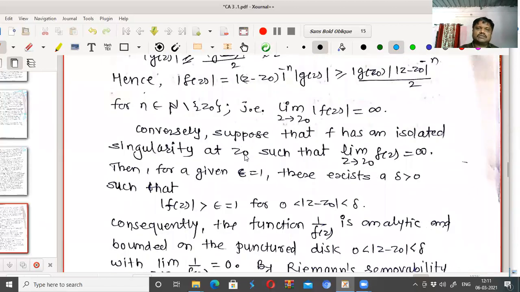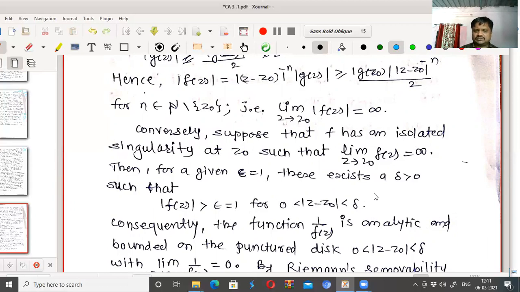infinity. Conversely, suppose that f has an isolated singularity at z0 such that the limit as z tends to z0 of f of z equals infinity. Then for a given epsilon equal to 1, there exists a delta greater than 0 such that mod of f of z is greater than epsilon, which is equal to 1, in this deleted neighborhood.